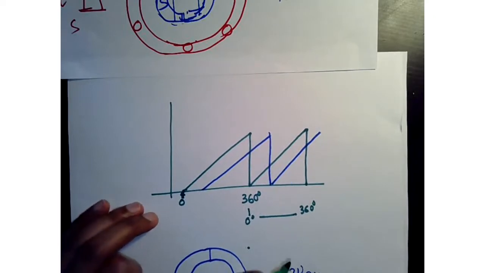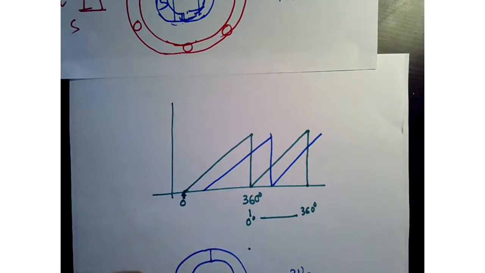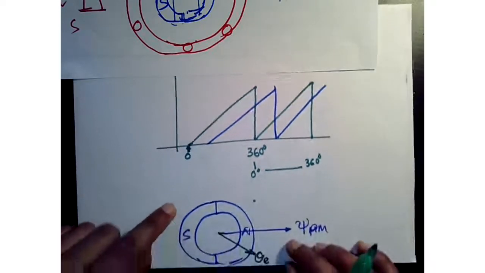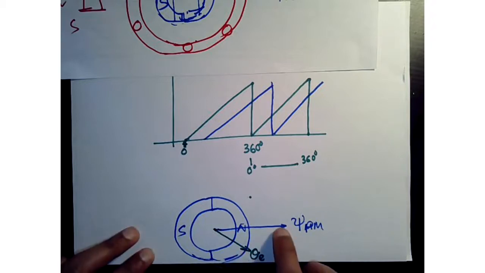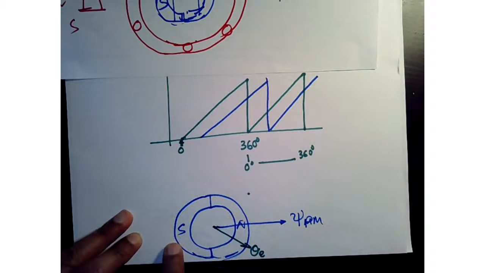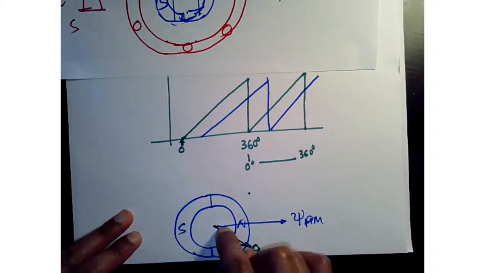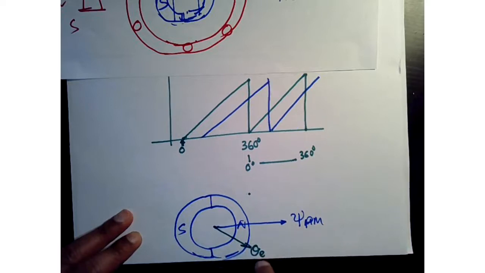Now, as the rotor rotates, since this sensor is also mounted on the rotor, what do you think will happen as the motor rotates? As the motor rotates, the magnets are going to rotate, and since the sensor is mounted on the rotor, what can we say about this vector, theta E?